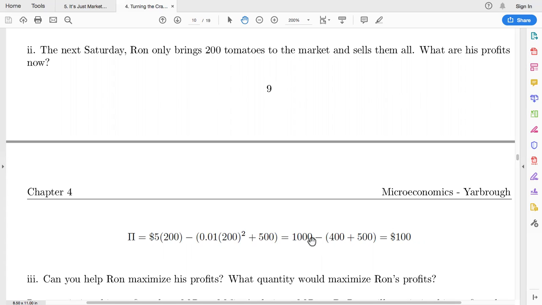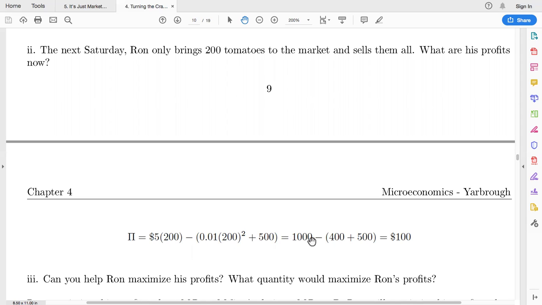And if you produce too much, your profits aren't as high as they could be. So if you produce 300 tomatoes and get $100 in profits, and then 200 tomatoes and $100 in profits, that is perhaps a signal that the profit maximizing level is somewhere between them, right? Because you have profits which are equal on either side of a production decision, 300 and 200 in this case. And so maybe the peak is somewhere in between them.